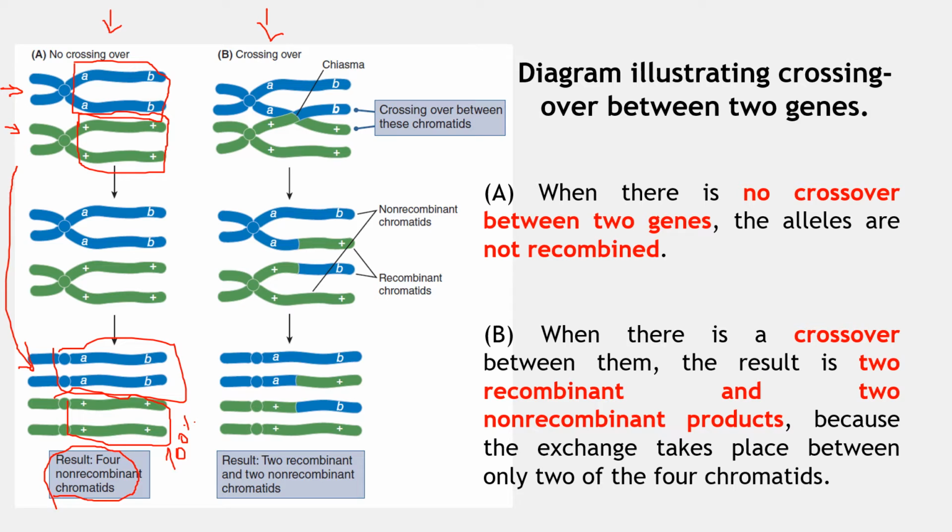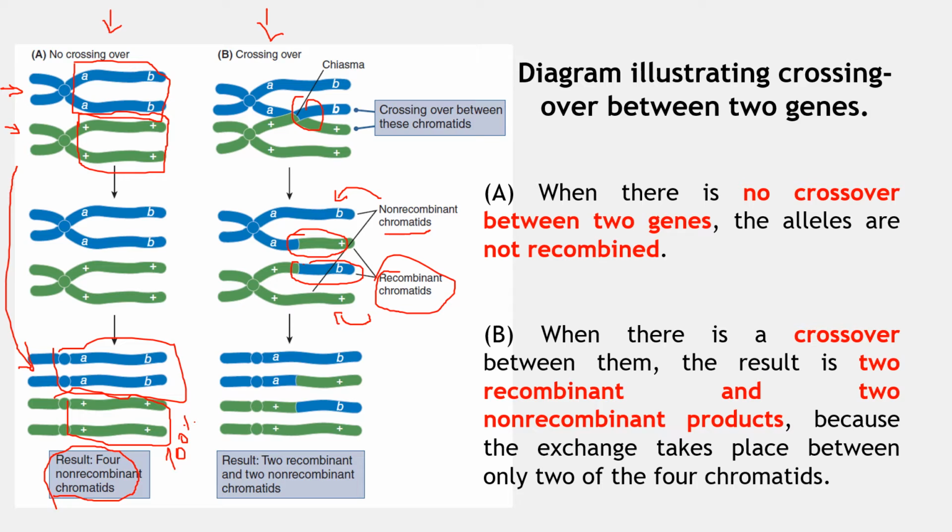However, in schematic B, something different happened. Here you have crossover. As you can see, the green and the blue are mixing. Here you see the chiasmata, and as a result, you will find pieces of the chromosome that are combining. So what you're going to have is non-recombinants, the entire blue or the entire green, and you're going to have recombinants that are the ones in between.